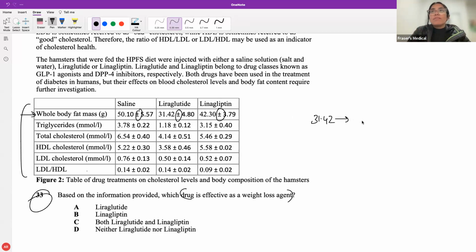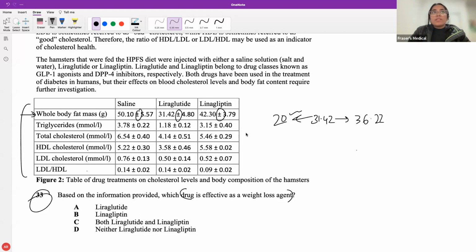We add 4.8 to that, and it becomes 36.22. And then you take away the same amount and it becomes 20-something.